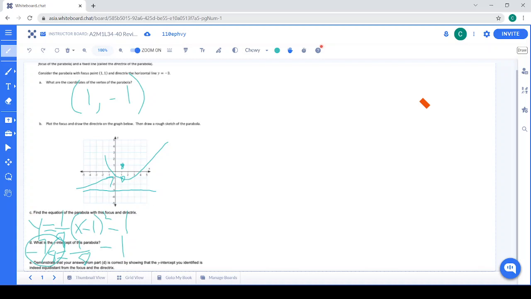So, let me do that. Demonstrate your answer D is correct by showing the y-intercept you identified is equidistant. So, we're looking at the point of the y-intercept. Okay, so the y-intercept is (0, -7/8). And the focus is what? Well, our focus was, it told us (1, 1).